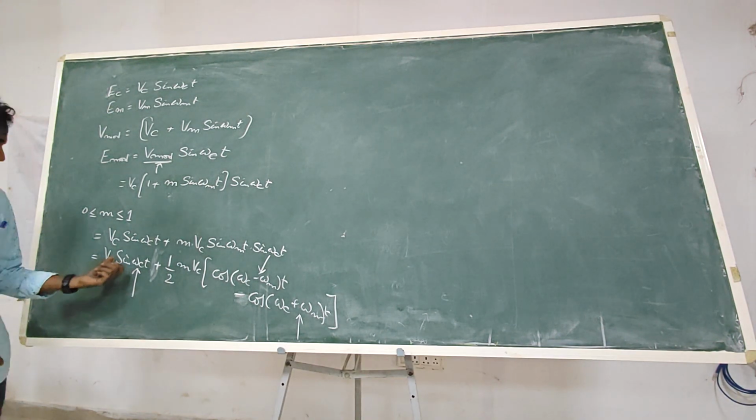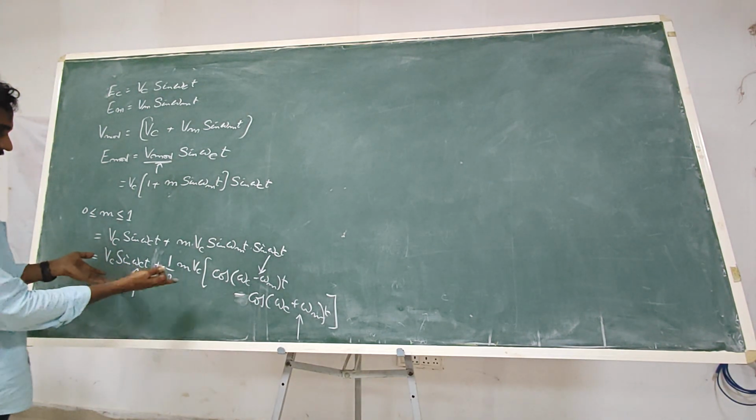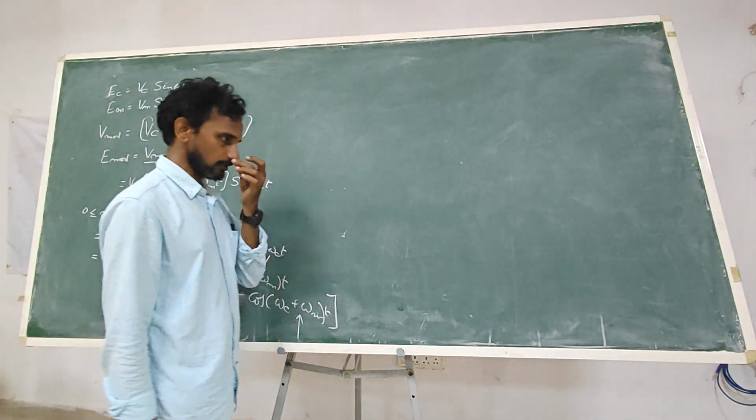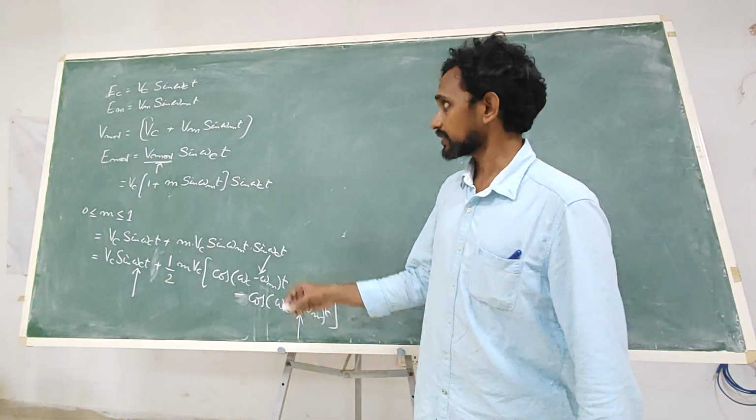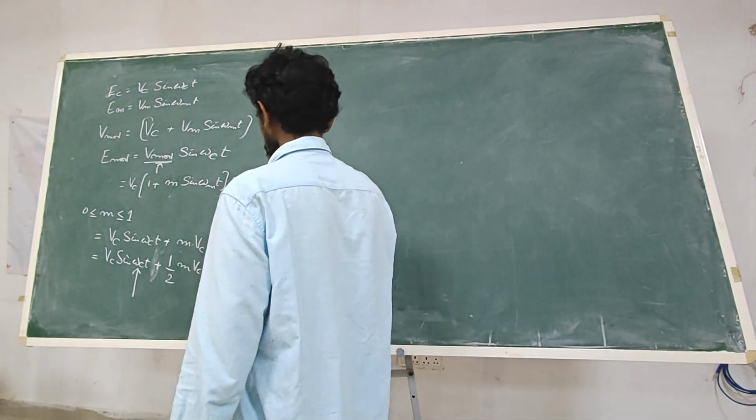So to avoid these confusions, like one is a cosine term and another is a sine term, it is more convenient to consider all cosine terms.